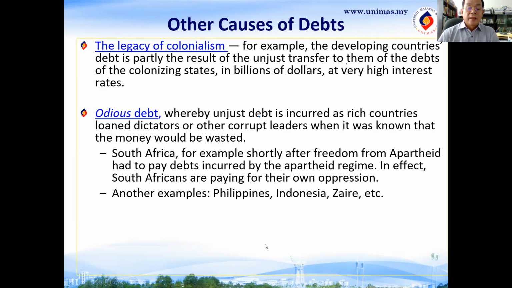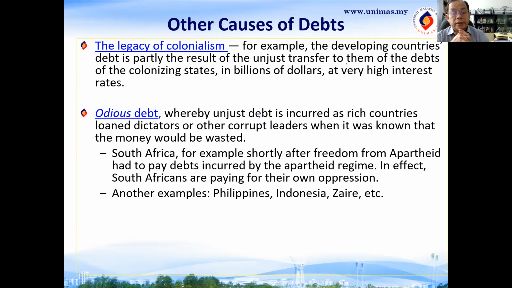Another example is the Philippines during the Marcos era. A lot of money, mostly loans from the World Bank and so on, was supposed to be for the development of the Philippines.